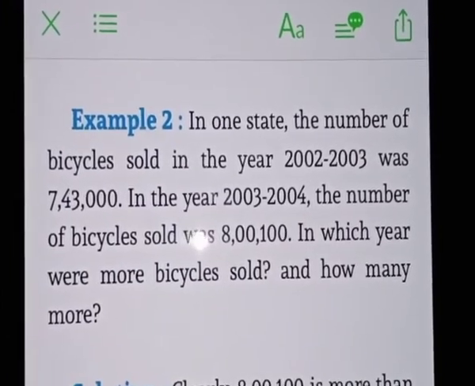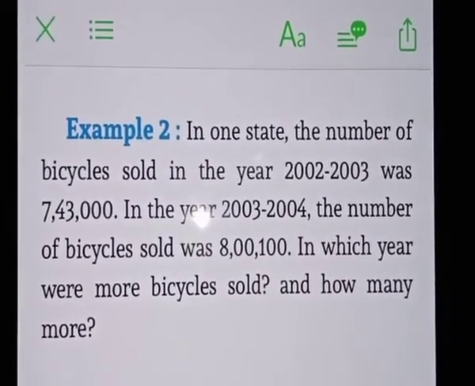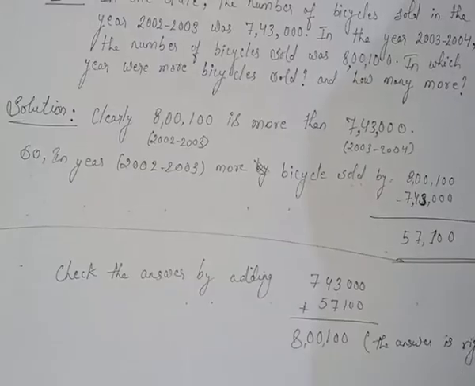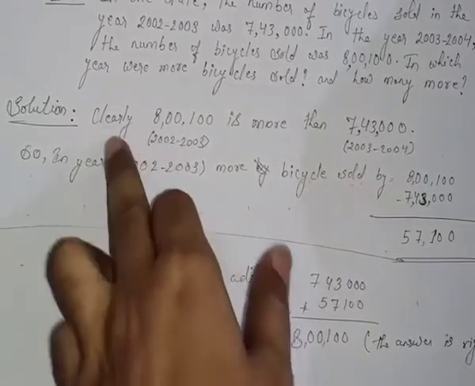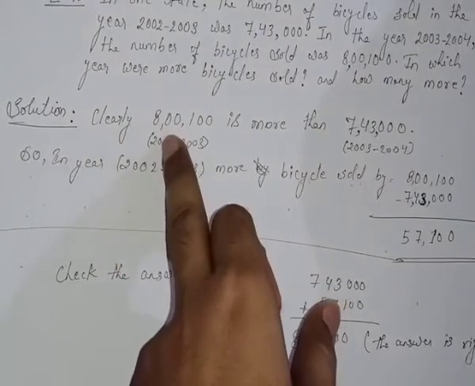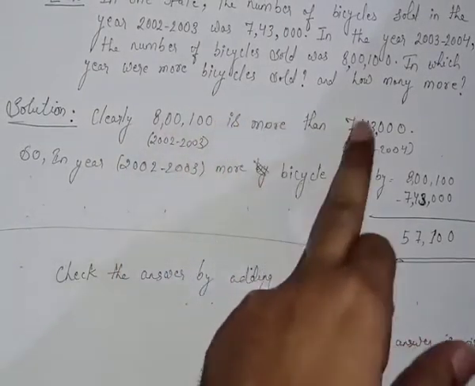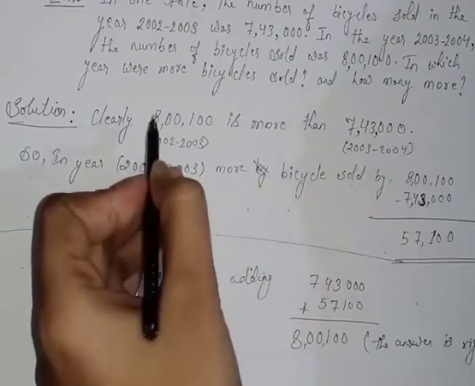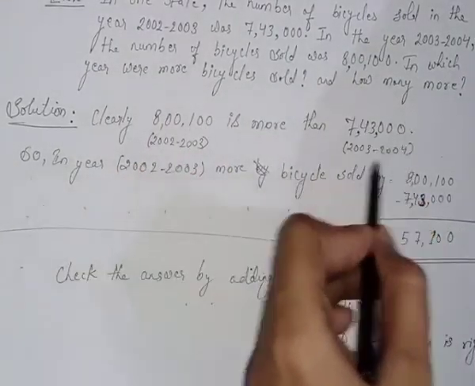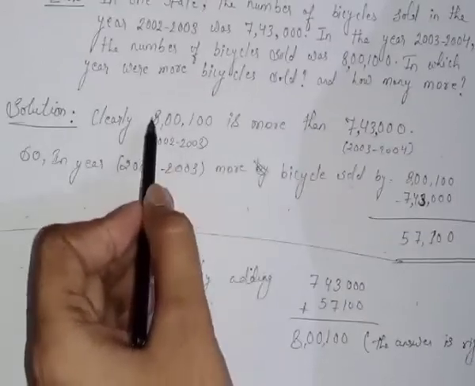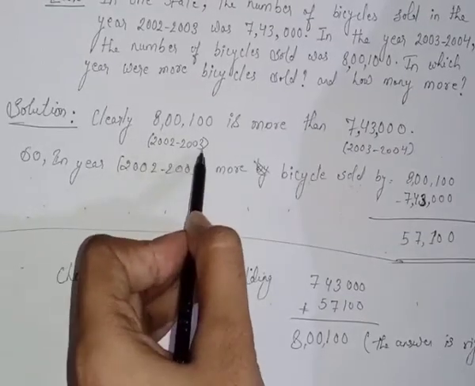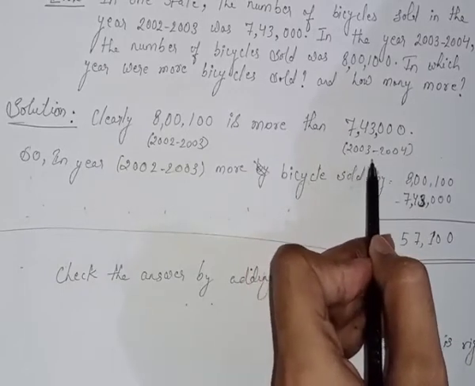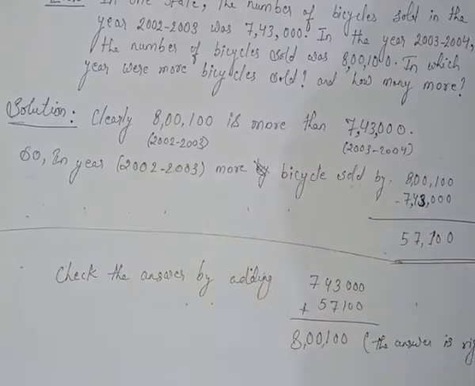In which year were more bicycles sold and how many more? So here's the solution. You can see clearly that 8,100,000 is more than 7,43,000. This is the number sold in 2002 to 2003 and these are the number sold in 2003 to 2004.